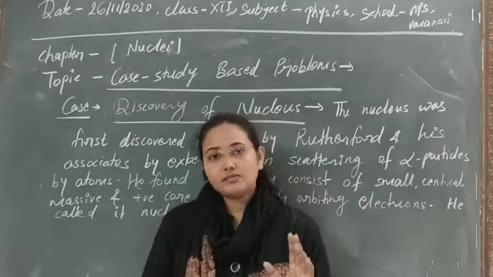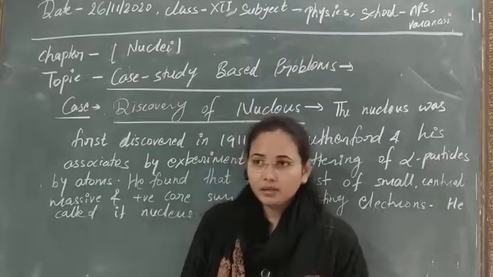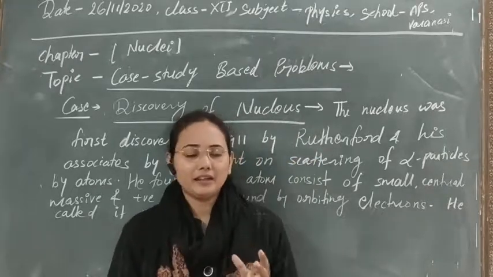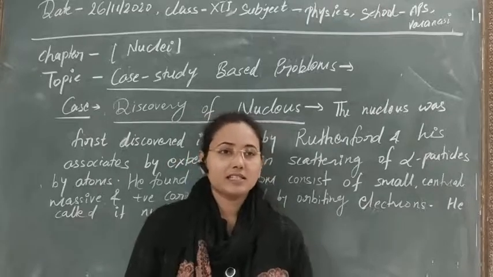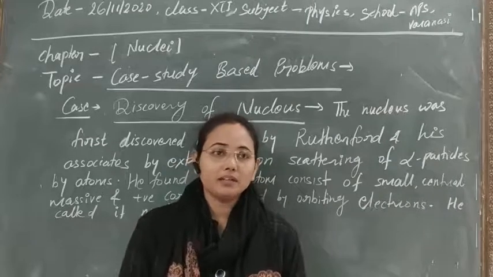So scientists tried to give a suitable model for the atoms, meaning how they are designed, and if we have some positive charge carriers and some negative charge carriers, how they are separated or distributed within the atom.